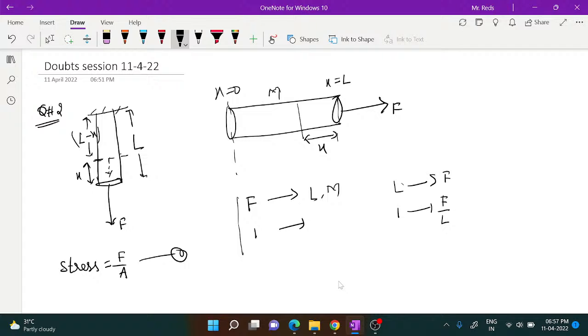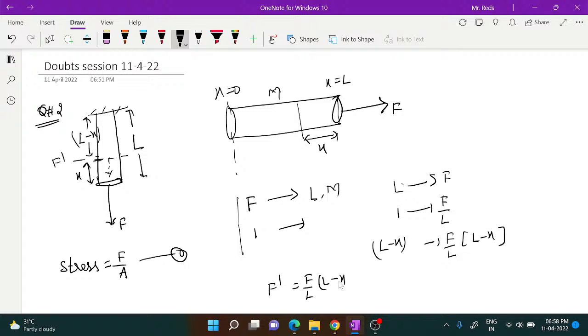Whereas on L minus x length, let us say the force here is F dash, where F is the total force acting. So F dash is equal to force per unit length into the length of that above part of the wire, that is F by L into L minus x.